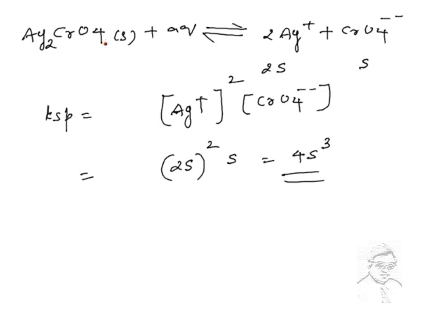The third case can be that you get Ag plus and CrO4 minus from outside in just enough quantity that this product is equal to Ksp, exactly Ksp of this.